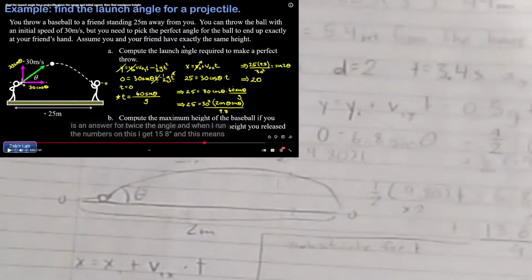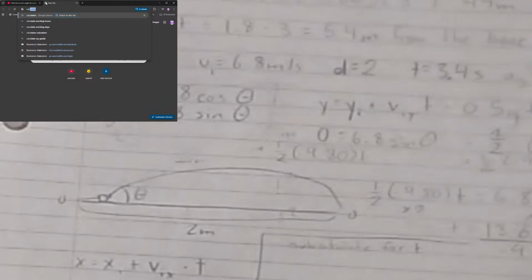Okay, I have to reopen the calculator. That is 25 times 9.8 divided by 30 squared, which is that number, 0.42.